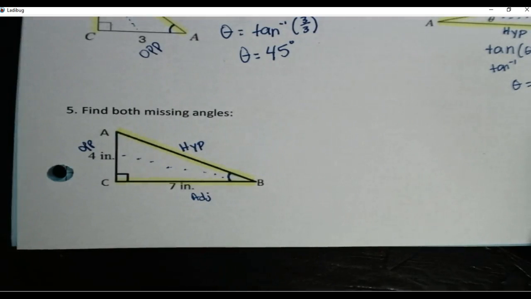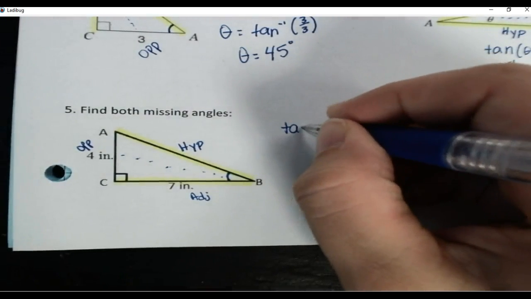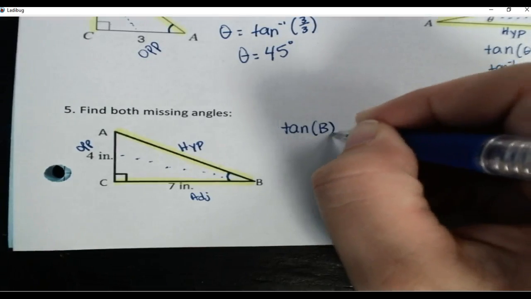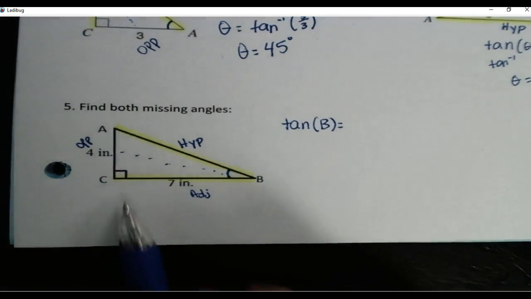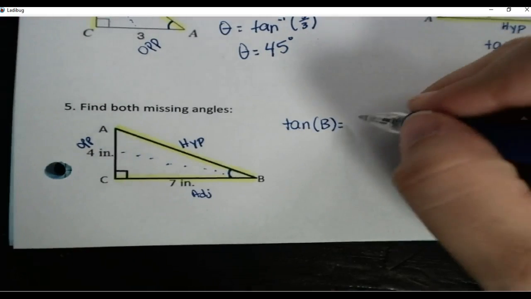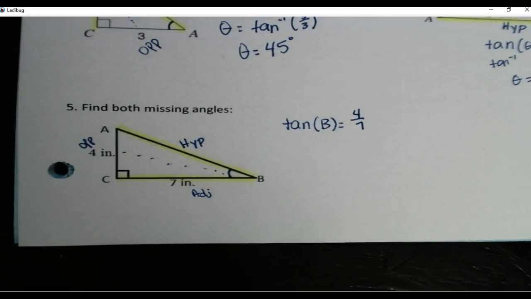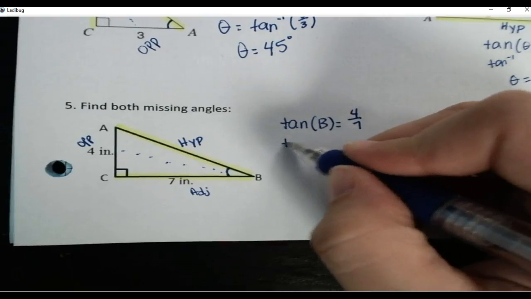So which trig function should I use to find B? Tan, good. So tan of B, and then O over A, so 4 over 7. And then just like 3 and 4, we do inverse tan.